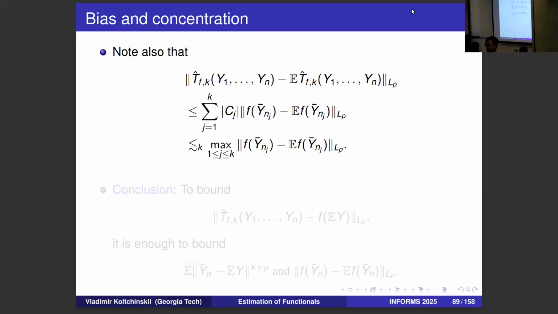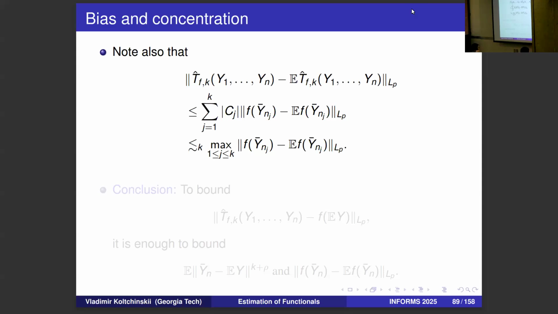It's also very convenient that the sum of absolute values of the coefficients is bounded by a constant, because the concentration properties of the estimator we created will be just controlled by the concentration of individual plug-in estimators. As long as we can prove something about plug-in estimators themselves, we already know that the estimator will concentrate. So it's a rather easy method to work with, to justify.